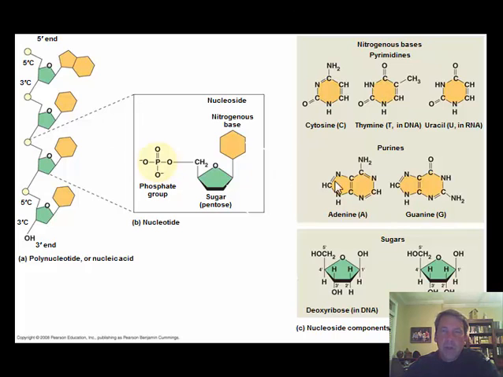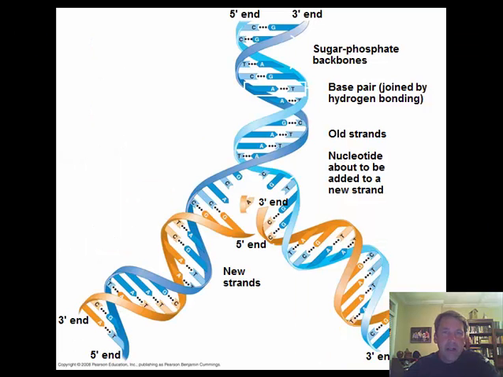Now, there are 2 groups of these. The first 2 are called pyrimidines, and they pair up with the purines, which are adenine and guanine. T always pairs with A, and C always pairs with G. We'll learn more about that pairing a little bit later when we get into genetics and see how the DNA copies itself.